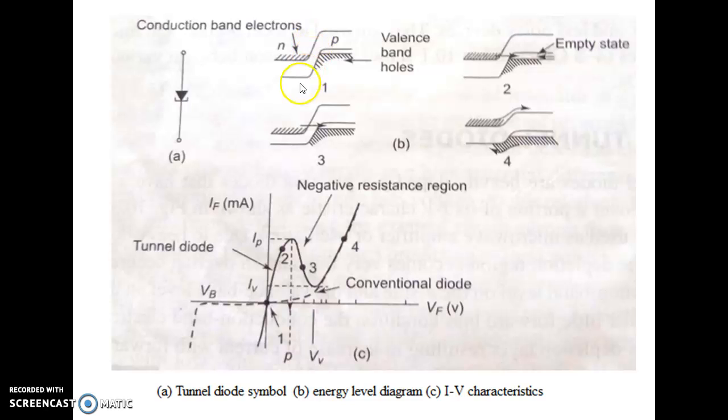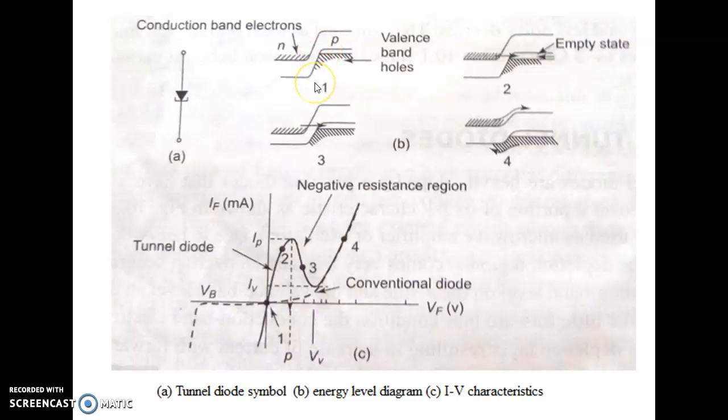The striking point to note here is that the depletion width, or you can call it the transition region, is going to be very thin. This region shows that the depletion region or transition region is very thin when both sides are heavily doped.